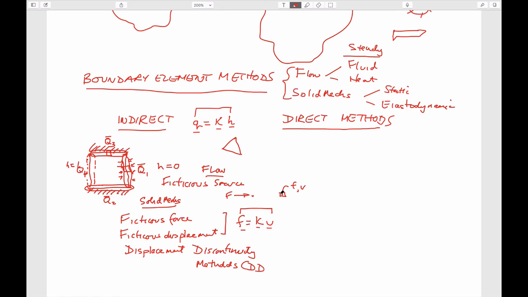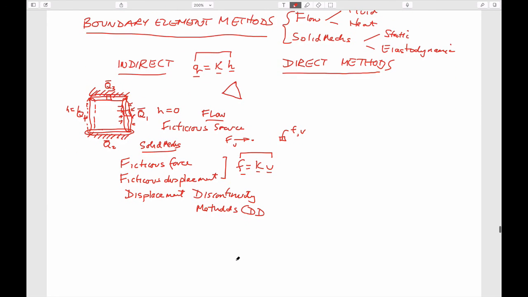And so now when we apply those forces, we could use it to determine the complementary boundary conditions. So if we applied fictitious forces, we could figure out what the complementary conditions were, the displacements of those locations. Or if we applied a unit displacement at a location, then we could calculate again what the forces and displacements are somewhere else, and we could solve for, again, the complementary conditions. So that's maybe a bit complex.